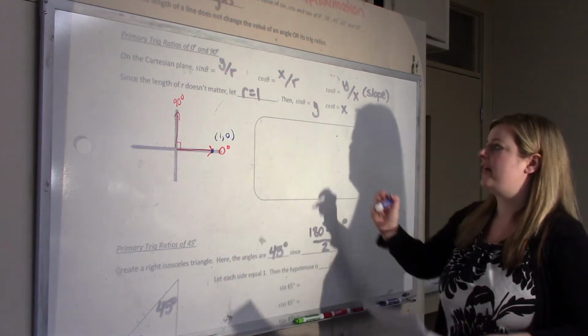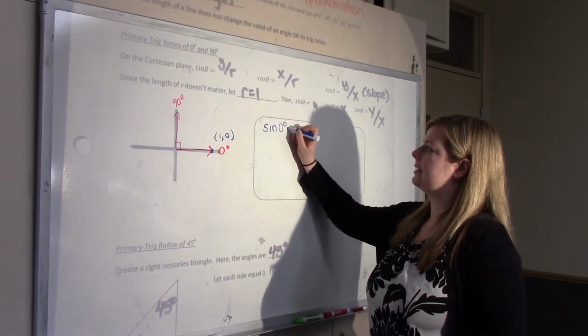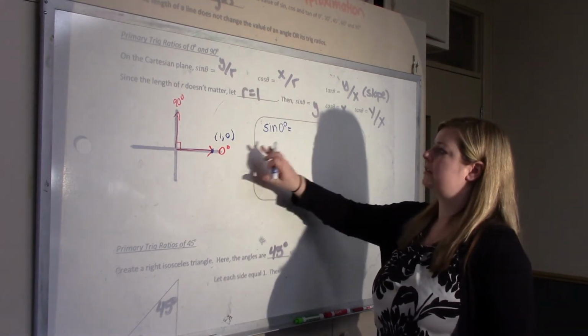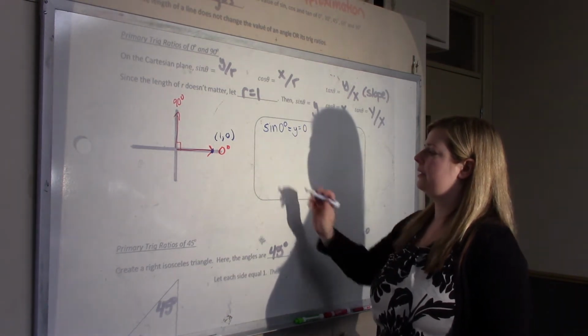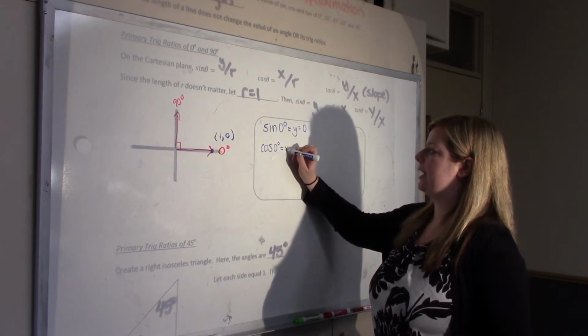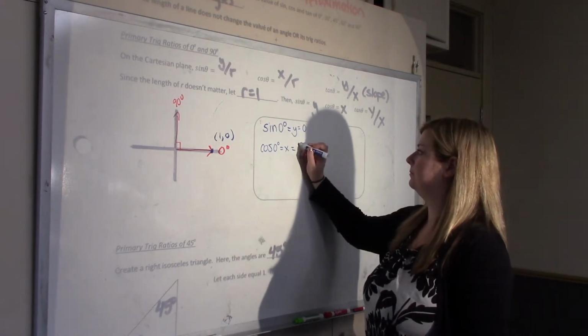Okay? So then that would mean that the sine of 0 degrees is, remember it's the y value, so it's equal to y, which in this case is 0. Cos of 0 degrees is equal to x, which in this case is equal to 1.